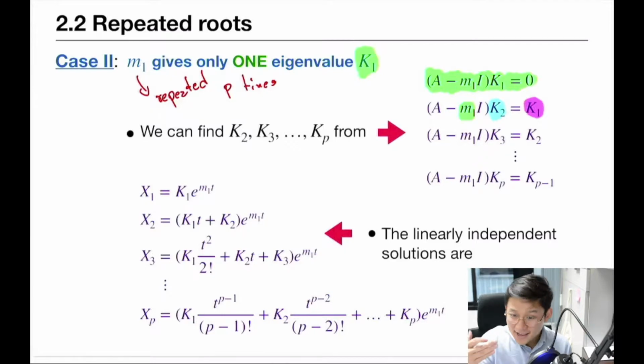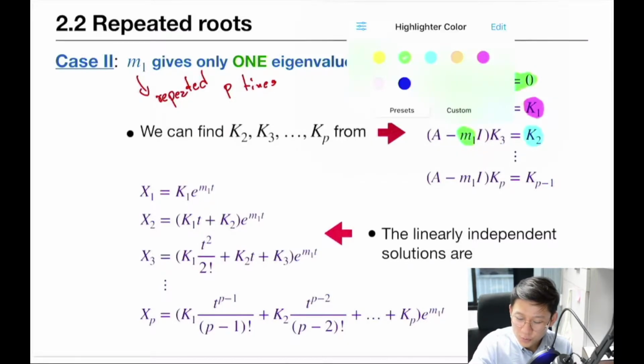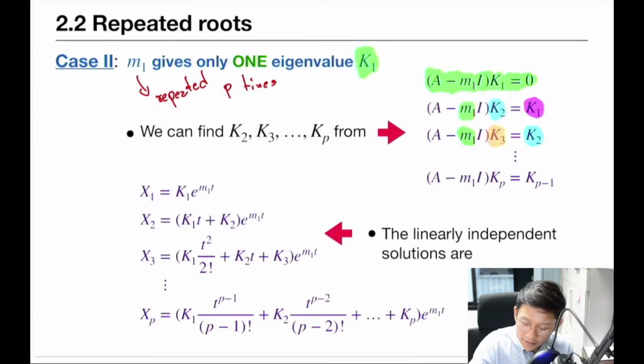Again, you put k2 here, use m1 again, and you will obtain k3, and so on and so on, until you get kp. So in that case, you can get k1, k2, k3 until kp.